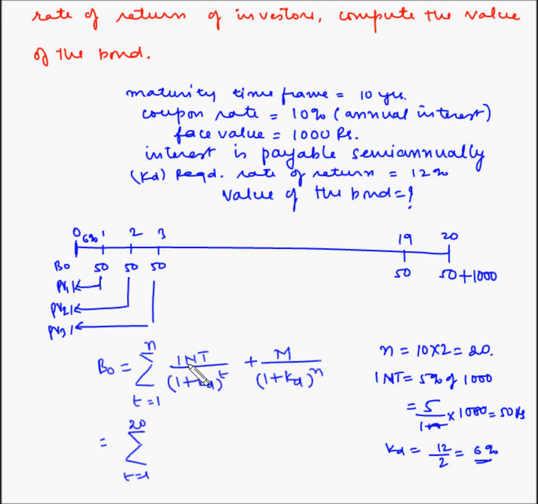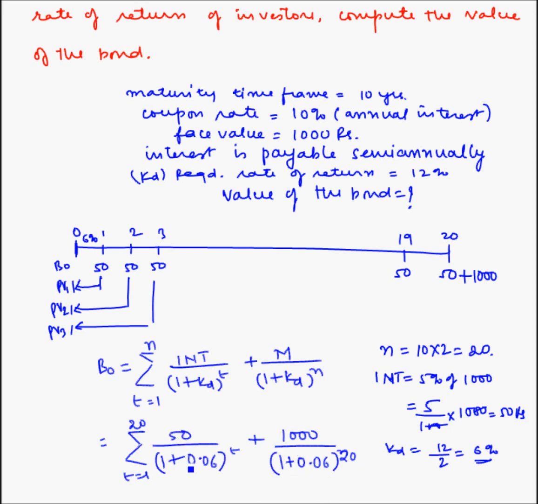Interest is in terms of the 6 monthly periods. So interest is 50 rupees divided by 1 plus KD, which is 0.06, to the power T plus M, which is 1000, divided by 1 plus 0.06 to the power N, and N is 20. So let me put this 20 here.